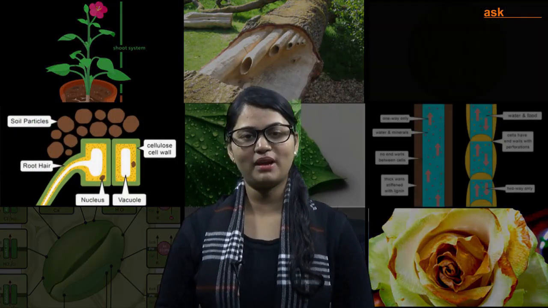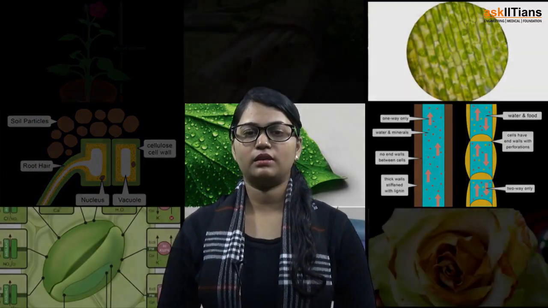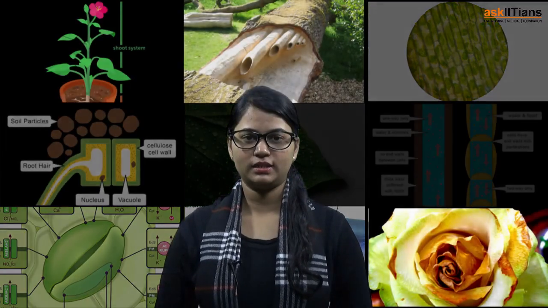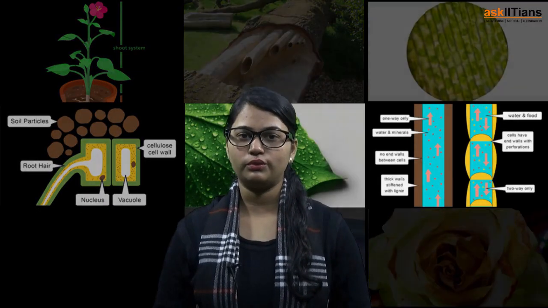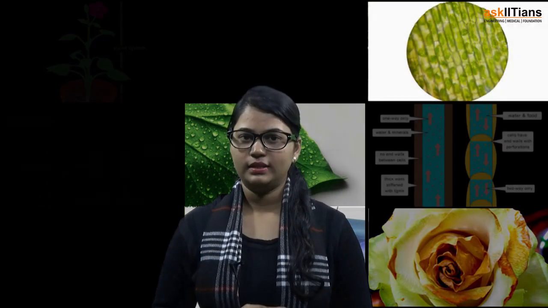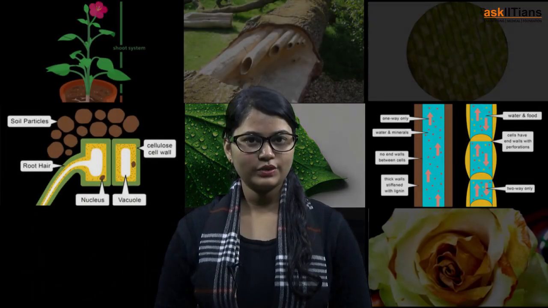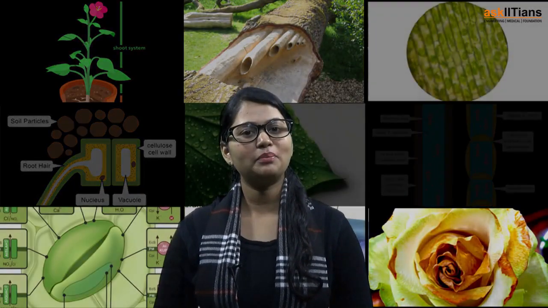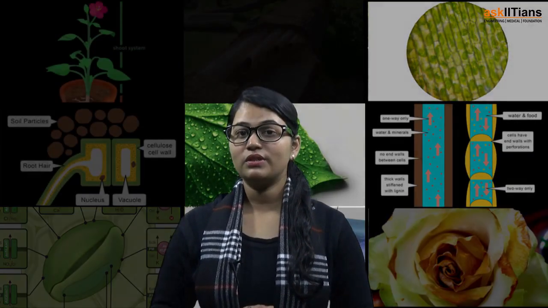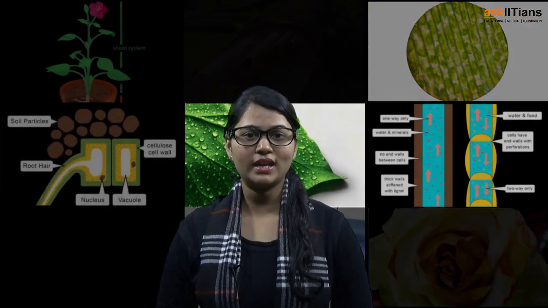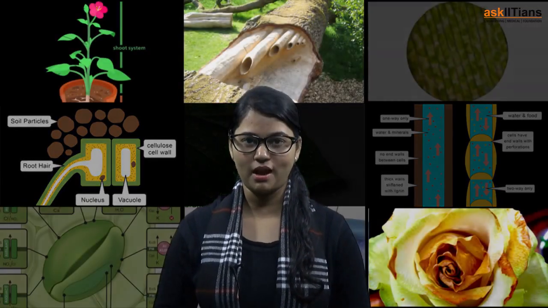Hey students, this is all about plasmolysis and imbibition. We have learned what is plasmolysis. We also went through the three types of solution: the hypotonic solution, the isotonic solution and the hypertonic solution. We also understood the significance of plasmolysis in plants.